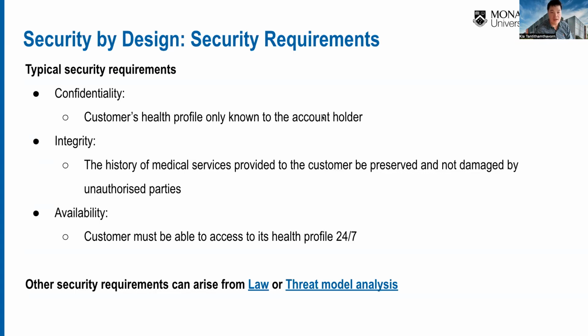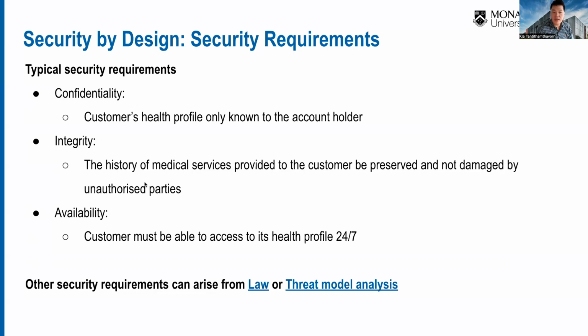As an example, if we want to develop a healthcare system, we may say that the customer health profile is only known to the account holder. That's the confidentiality. It cannot be accessed by someone else at all.